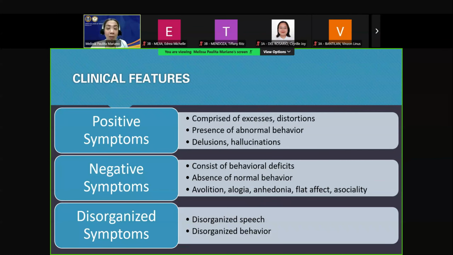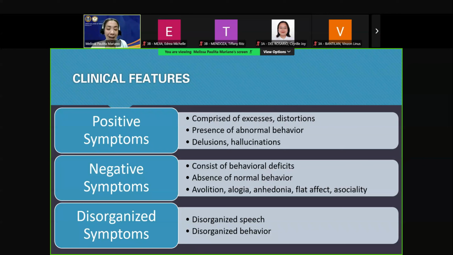You will note that negative symptoms all start with an A, except flat affect, because we can't call it A affect, but these include avolition, alogia, anhedonia, asociality, and flat affect. The prefix A meaning without. So without will, without the appropriate amount of words when they talk, without pleasure, without social interactions or the drive for social interactions, and a very flat demonstration of mood, we call that affect.